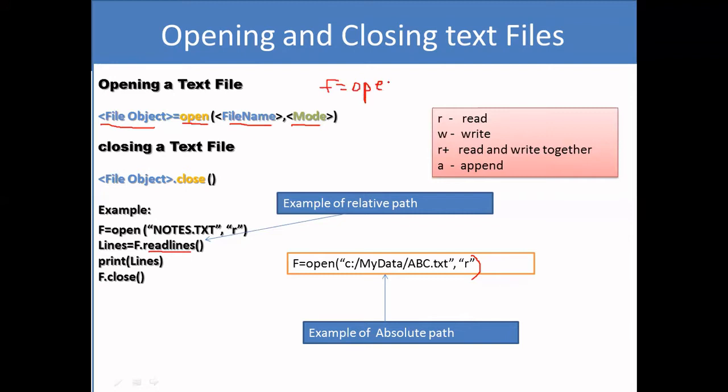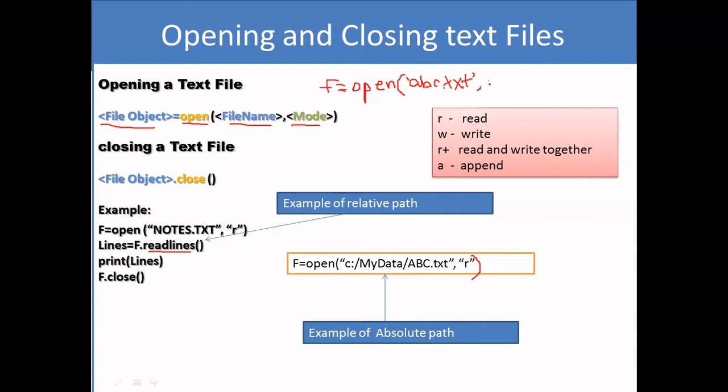It is your wish what you want to name the file handle, f1, any name you can write over here. So f is equal to open, I'm making it as f, and let the file be abc. Write down the file name and of course the extension of the file. abc.txt I have written, and then of course the mode of the file.